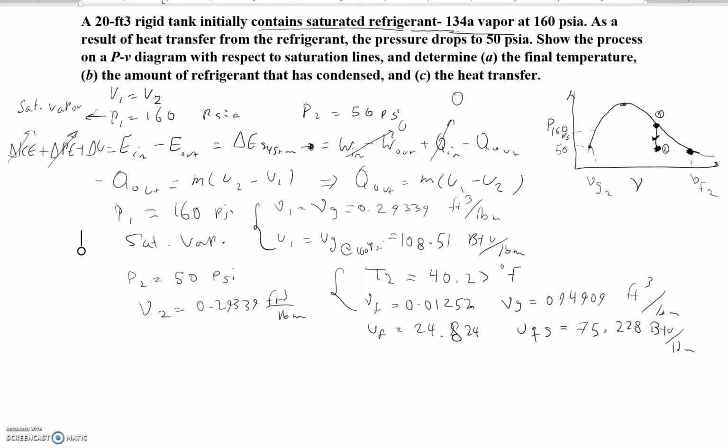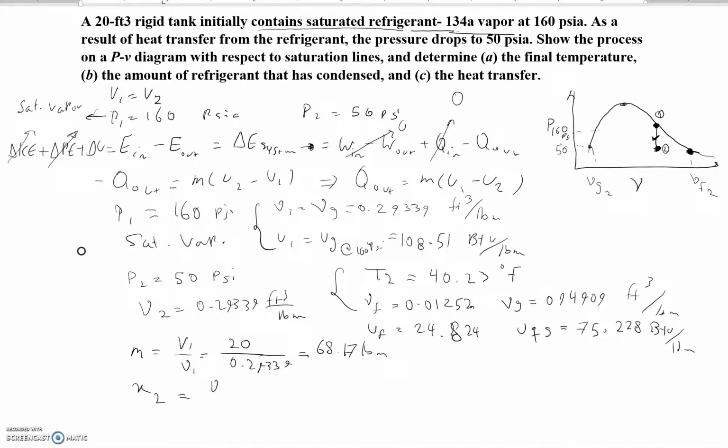So the mass, I can calculate that because quality is a mass ratio. So mass is V1 over specific volume 1. That's 20 divided by 0.29339. You can put the units, 68.17 pound mass. So I can calculate my quality at state 2 by knowing the specific volume, which is nu 2. Let me write the equation first.